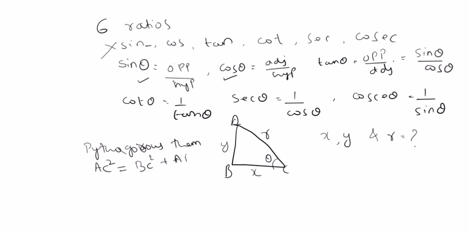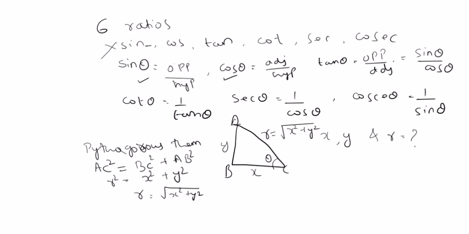That is, if we consider this triangle, we can say AC square equal to BC square plus AB square, that is x square plus y square. If we denote this as r, it will be r square, or we can say r equal to square root of x square plus y square. So this is the hypotenuse. Using these three you can find the trigonometric ratios.